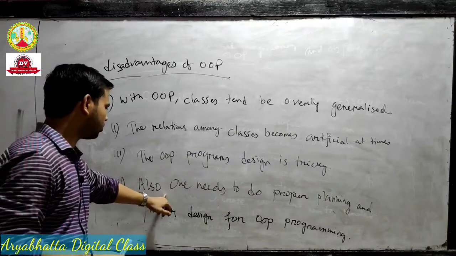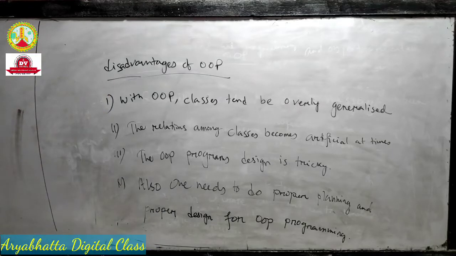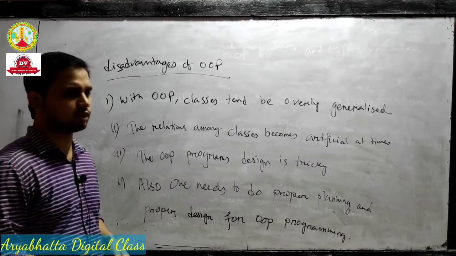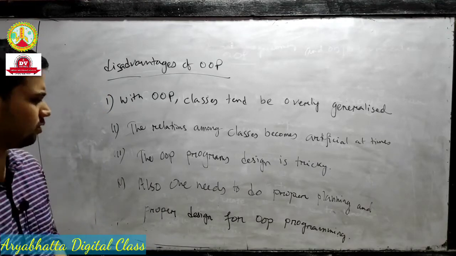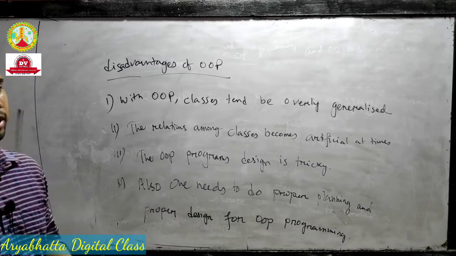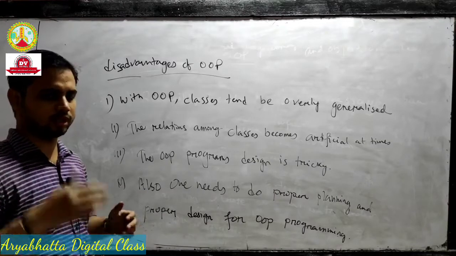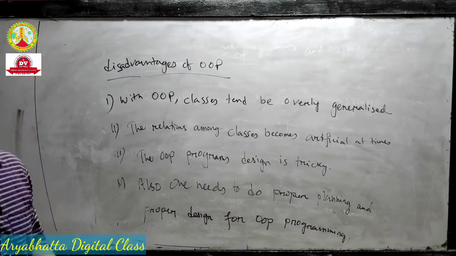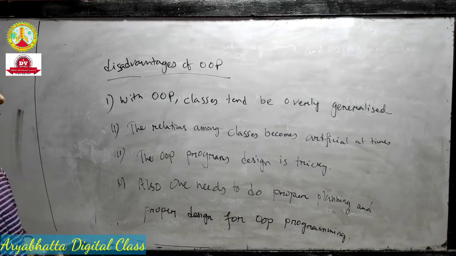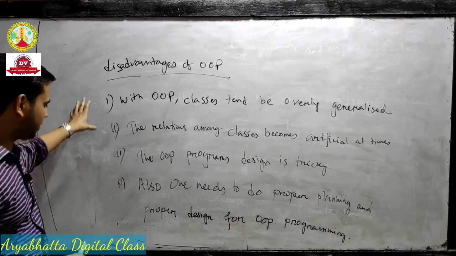The last one is that one needs to do proper planning and proper design for an OOP program. Suppose you have to do C++ programming; C++ and Java all include OOP. Then you need proper planning and proper design, meaning you properly understand what you will do, and then you do OOP. Okay, these four are disadvantages.